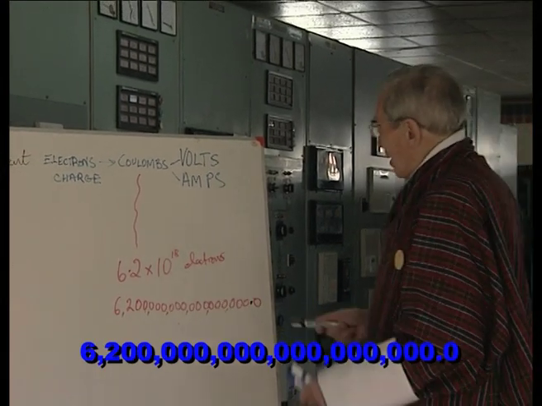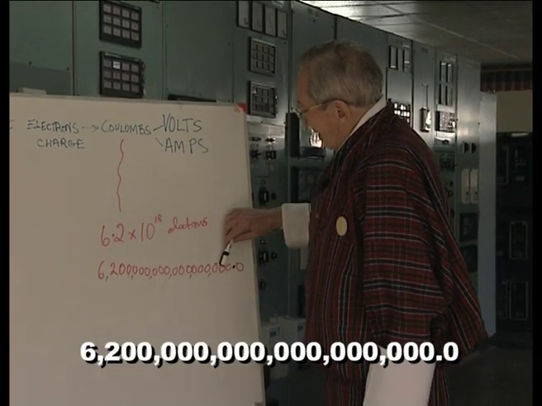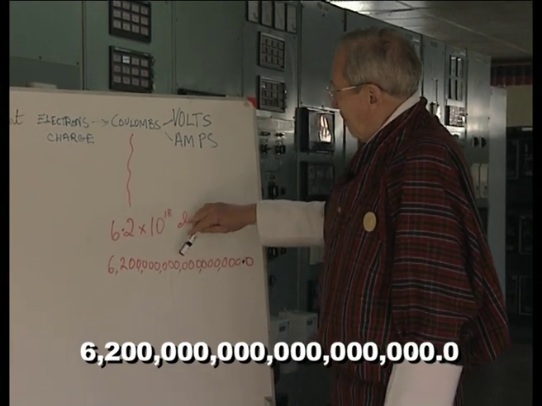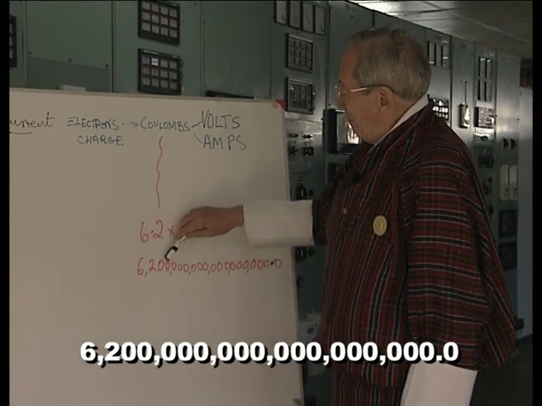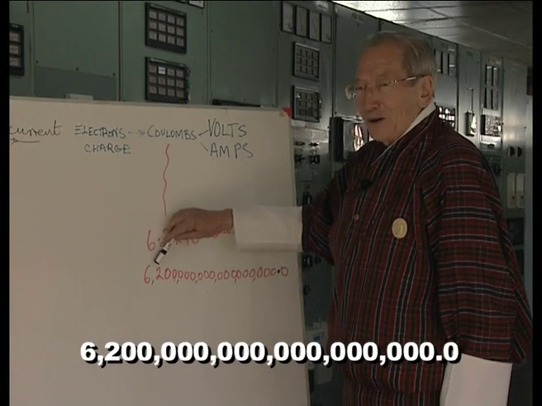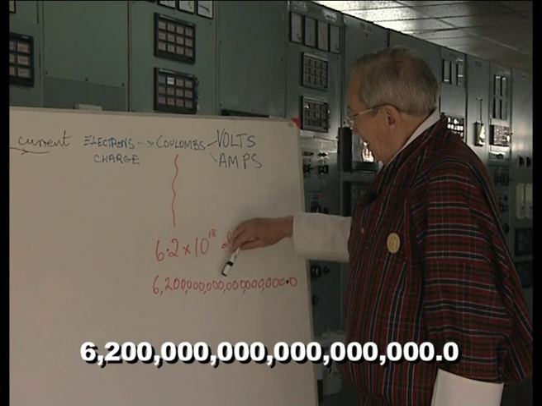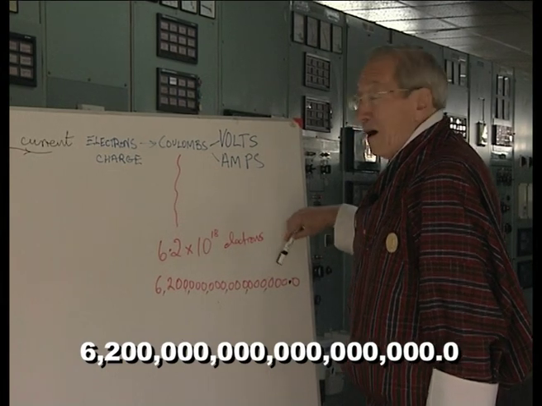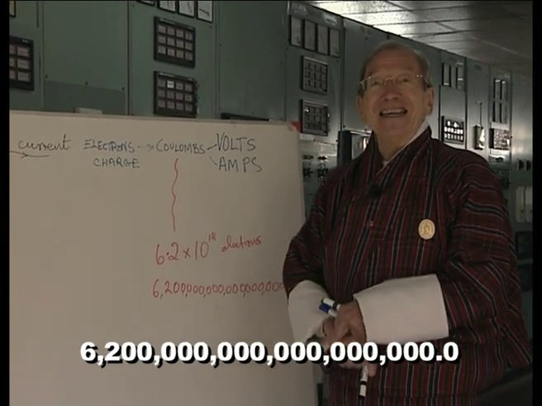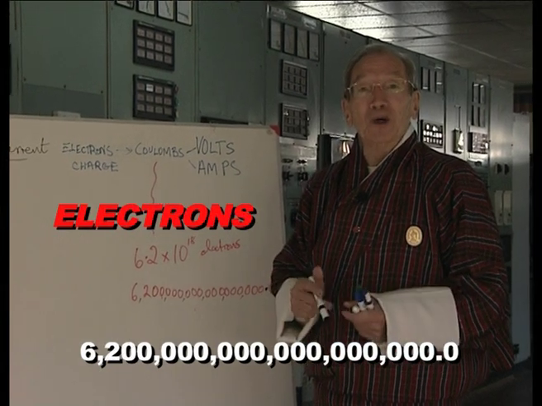I wonder if you can say this number. Million, million, million, million, million, million. So that's approximately 6 million, million, million, million, million, million electrons in 1 coulomb of charge.